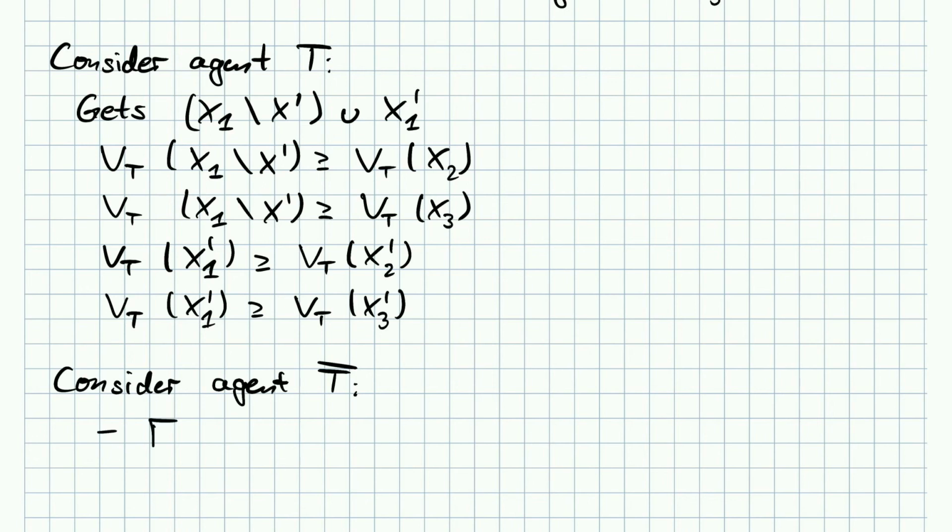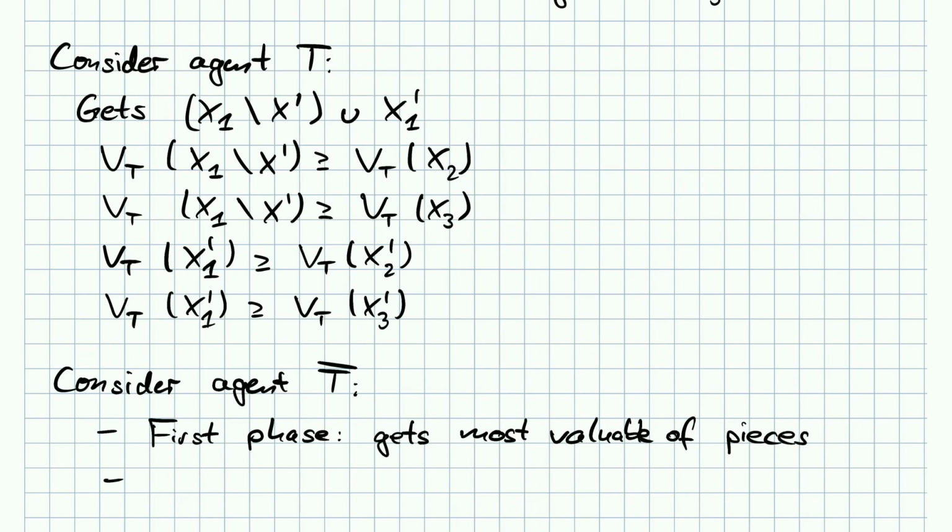In the first phase, agent T bar gets the most valuable of the pieces, and in the second phase, agent T bar cuts the pieces so that they have the same value.